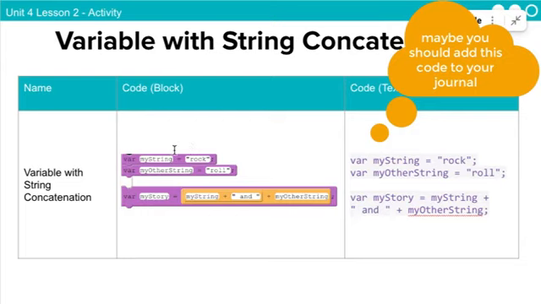So if I say variable my string equals rock, variable my other string equals roll, I can say variable my story or my sentence equals the name of the variable without quotations plus quote space and space quote plus my other string, which is the variable name without quotations. So whenever you're using a variable name, you don't have to put quotations around it, and you should not put quotations around it.